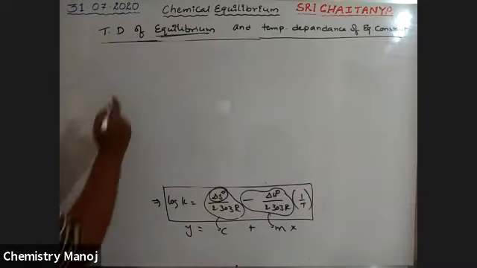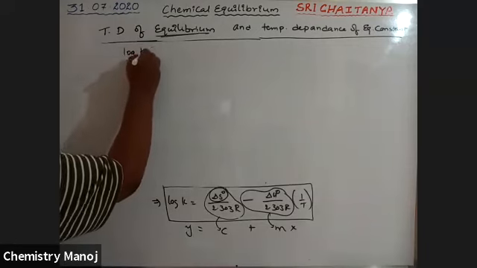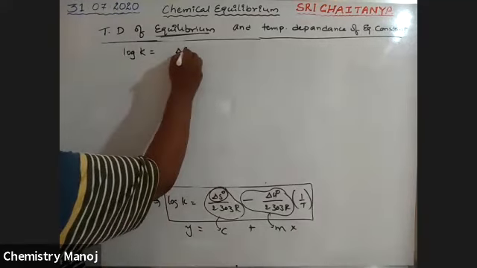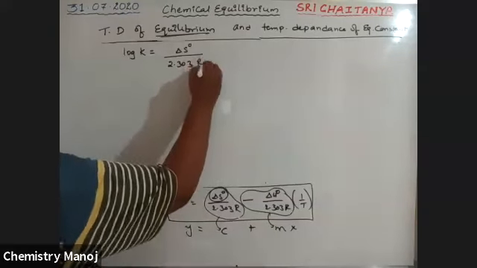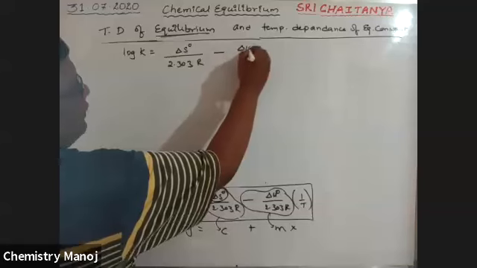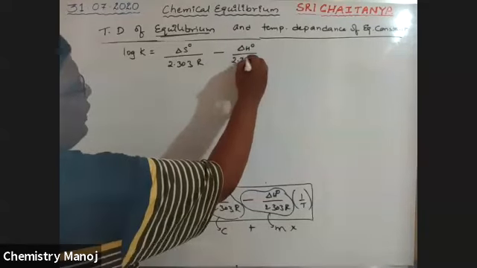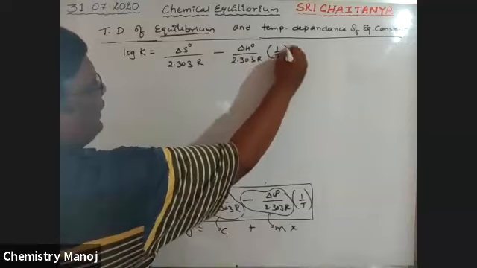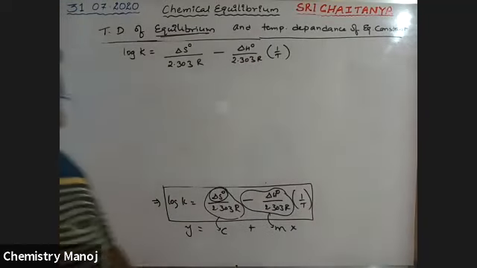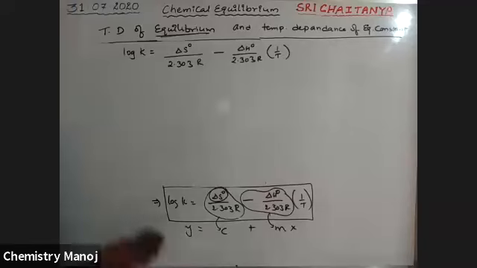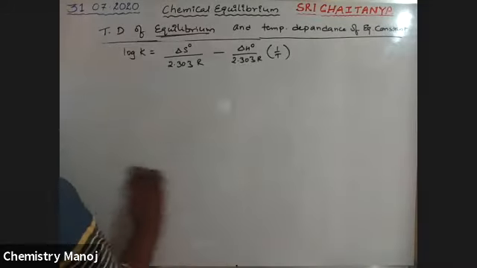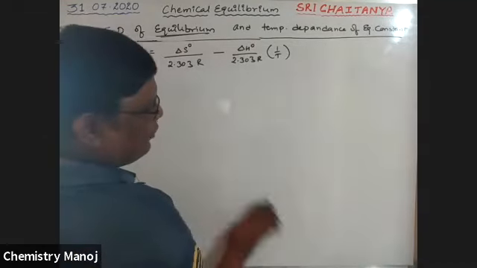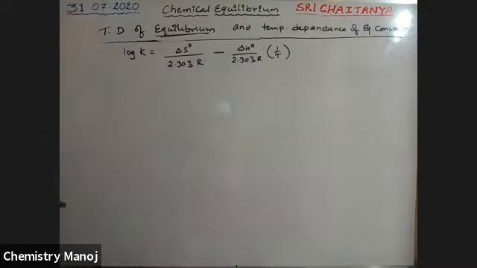We have the formula: log K is equal to delta S naught by 2.303 R minus delta H naught by 2.303 R into 1 by T. This is the equation, boys. So how does this equilibrium constant vary with temperature? That is the temperature dependence of the equilibrium constant.